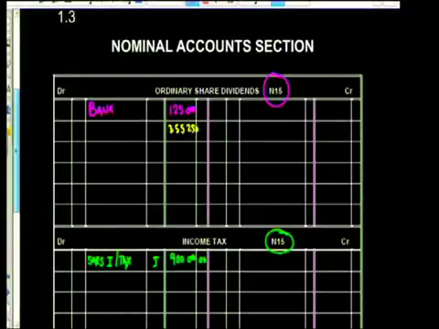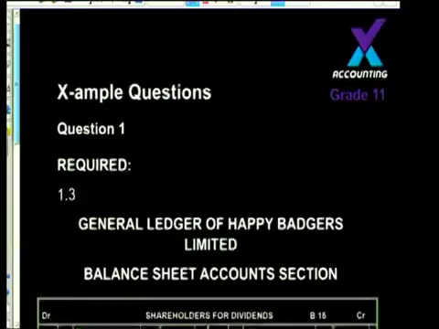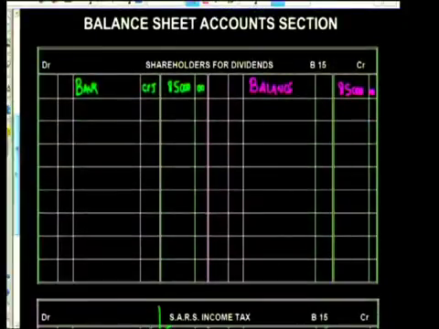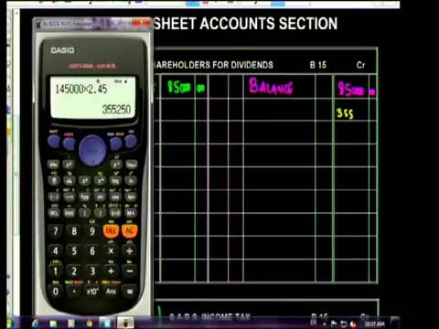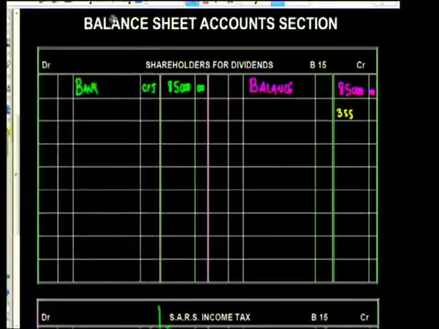Watch, a debit to ordinary share dividends. What am I going to credit? I'm going to credit my shareholders for dividends. And that takes me, obviously, to my shareholders for dividends account. Credited 355,250.